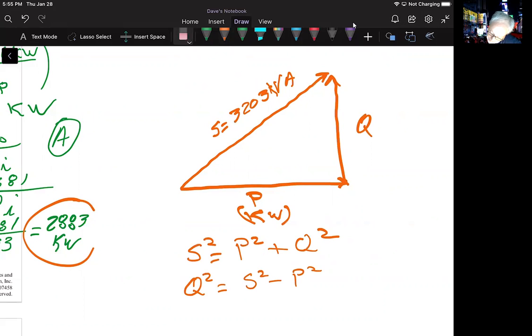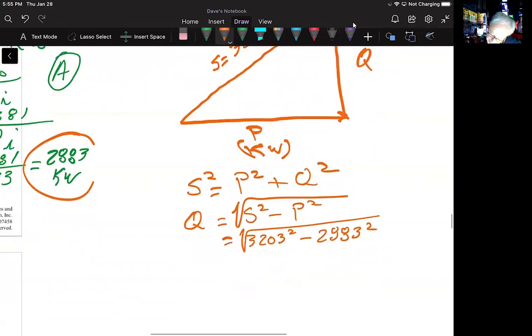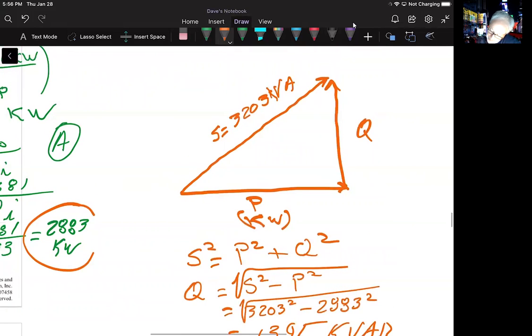I will end up with that. The S is 3203 squared minus 2883 squared, square root of that. And the Q is going to be 1395 kilovar. And that would be this guy.